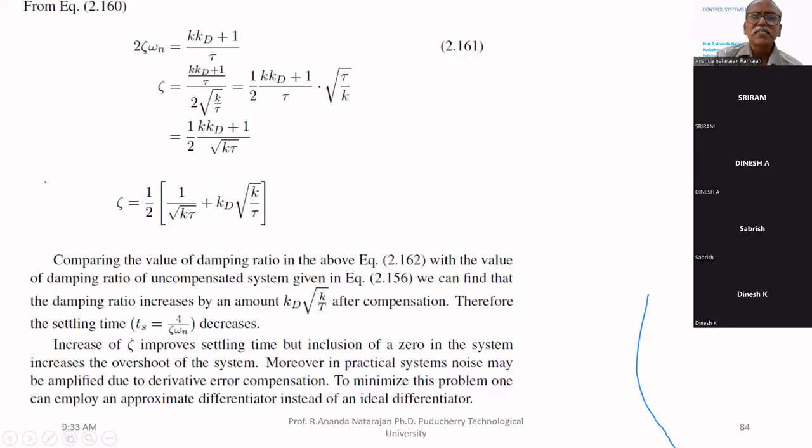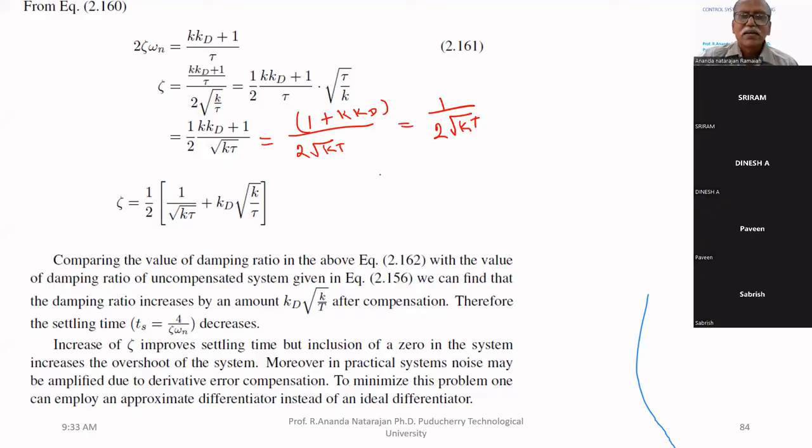If we change zeta, what will happen? What we derived is 1 by 2 root KT times (1 plus K KD). This also can be written as 1 by 2 root KT, which is the original zeta, plus, if you write this part separately, K KD upon 2 root KT.